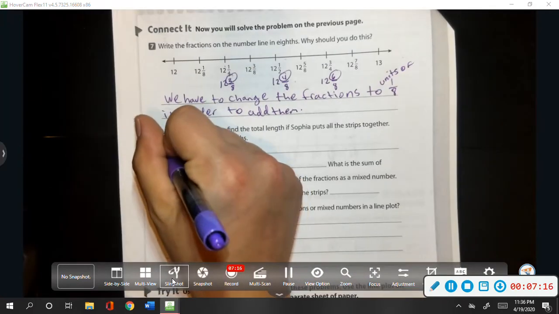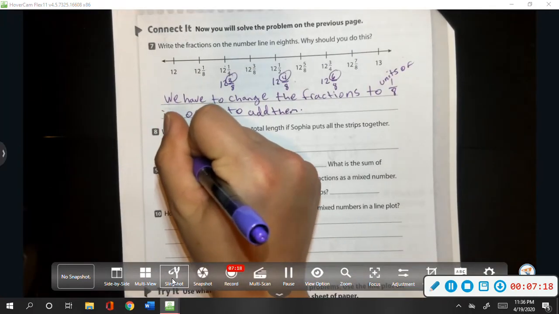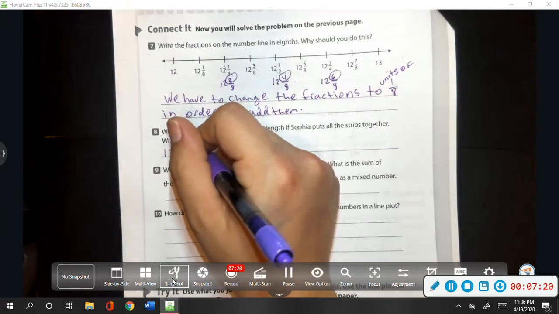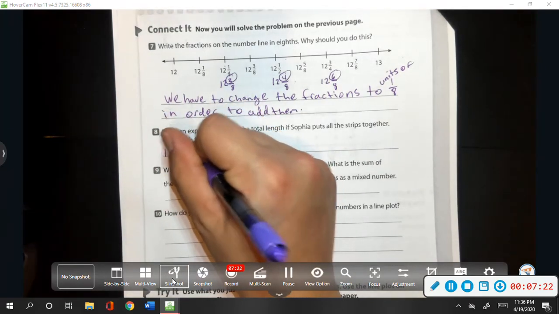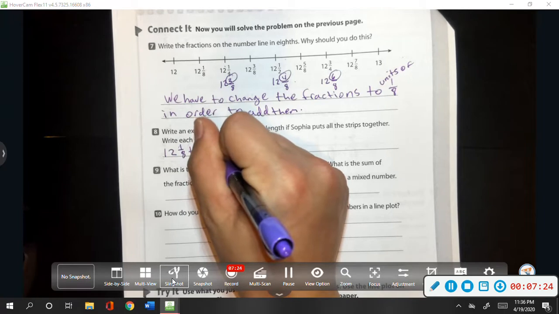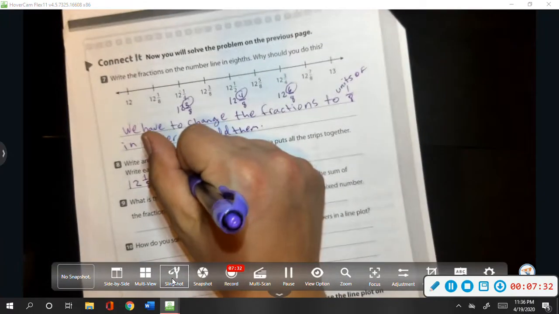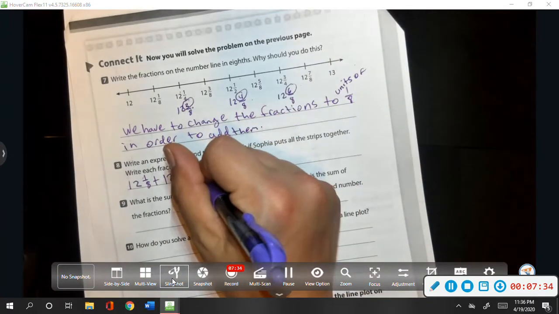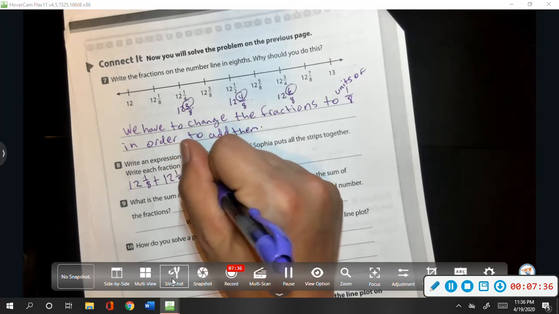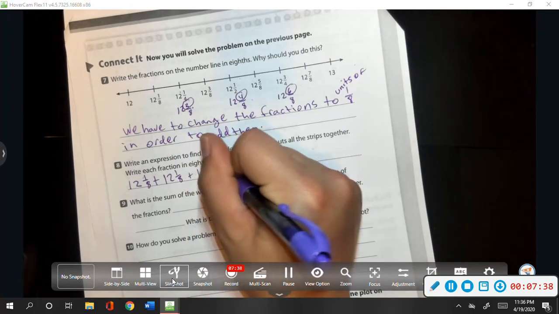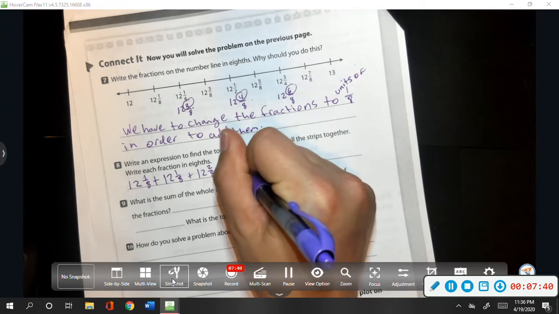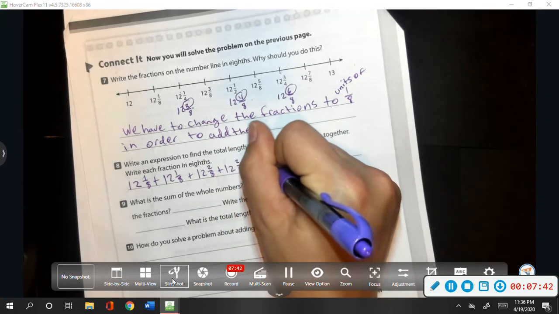We had 1 and 2, right? Sorry if I have to keep flipping over. And then I had 3 of 12 and 2/8. I had 3 of those.